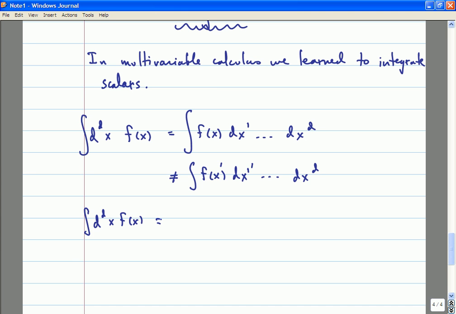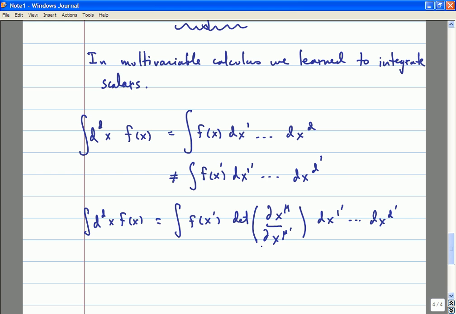So it's equal to, if you remember the Jacobian formula from your class on multivariable calculus, f of x prime times the determinant of the Jacobian dx mu by dx mu prime times dx1 prime all the way up to dxd prime. In fact, this is probably the first time in your lives that you encountered the Jacobian matrix. It was in the context of the integral transformation formula in multivariable calculus.